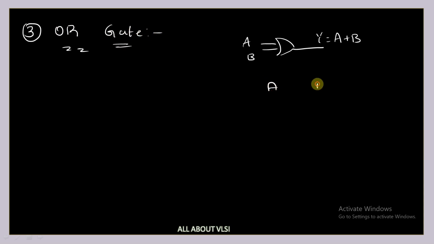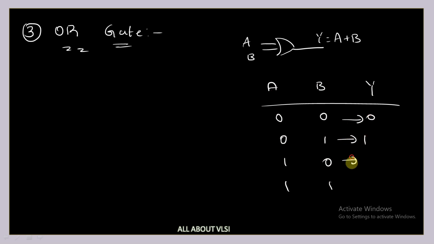And this is A, B, Y: 0 0 0 1 1 0 1 1. So the output is 0 1 1 1. If you connect this as the select line and this as one of the pins, if the select line is equal to 0, you are getting your output B. So I naught is equal to B, and here we are getting I1 is equal to 1.